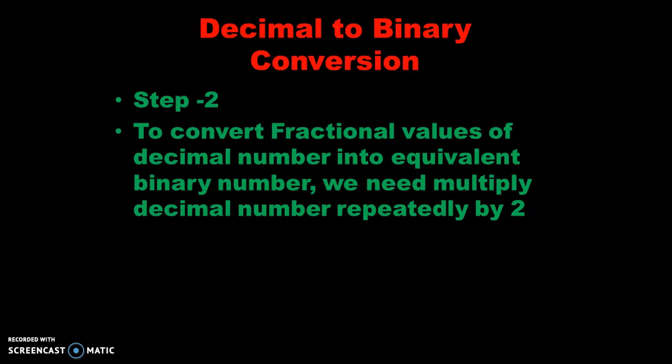For fractional values, we will see in our next video lecture. So step number 2 will be applicable in another video lecture. Currently in this video lecture, we will convert integer values of decimal number into equivalent binary number. So we will use step number 1, the repeated division, and the method we use is known as the ladder method.